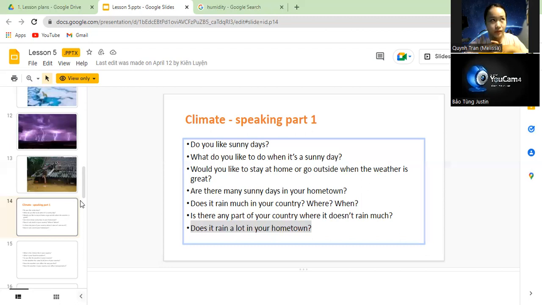Although it rains a lot, people there feel it's kind of normal, or you can say because it rains a lot, people here find it annoying, find it disturbing, especially when they need to go outside. You speak in general because they ask about your hometown, not about you. Can you get that?